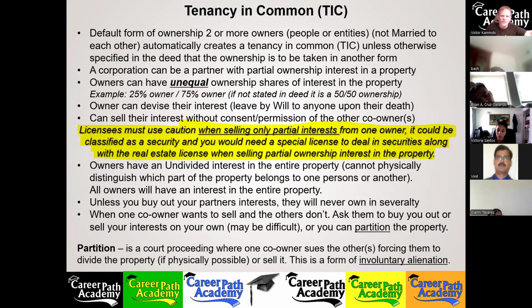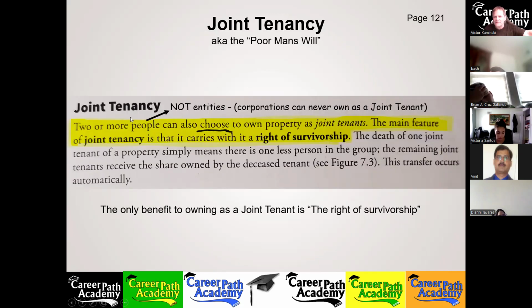Whereas with the default form of ownership, the tenancy in common, when you have two or more owners, you can have unequal ownership shares and you can devise your interest in a will to anyone you want. Whereas with joint tenancy, you have to specify that you don't want to take ownership as tenant in common, but rather in the form of a joint tenancy.